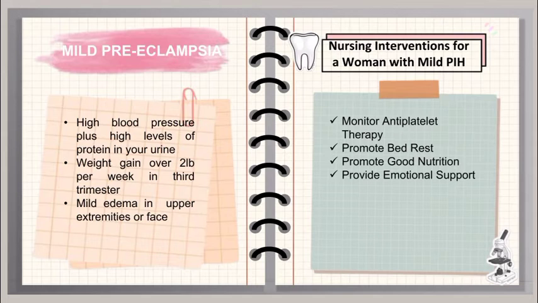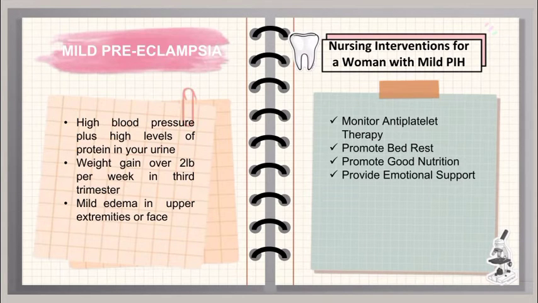Bed rest, therefore, is the best method of aiding increased evacuation of sodium and encouraging diuresis. Rest should always be in a lateral recumbent position to avoid uterine pressure on the vena cava and prevent supine hypotension syndrome.